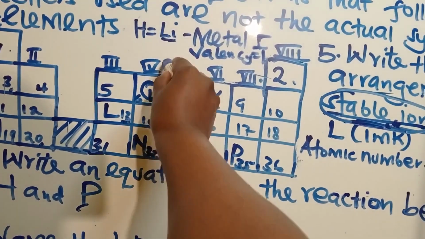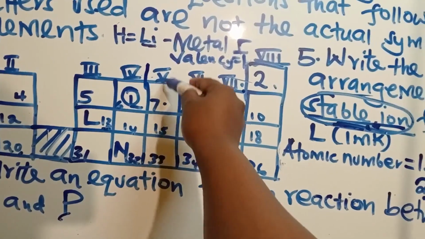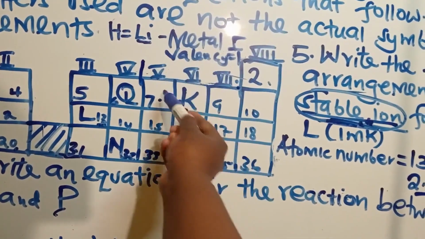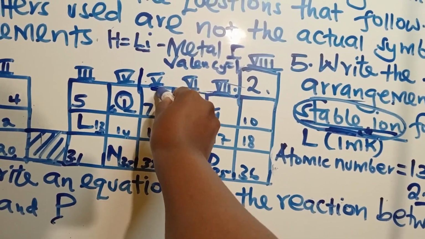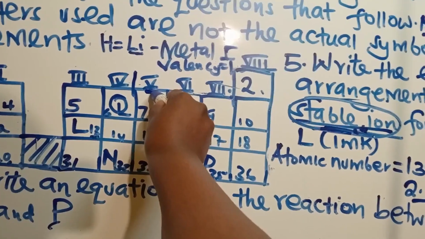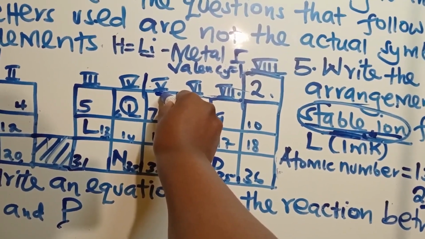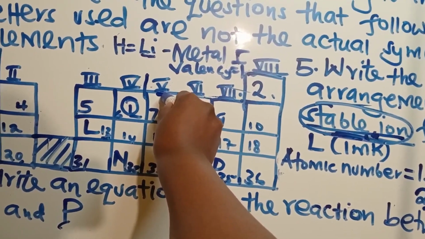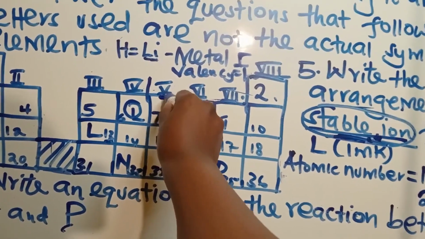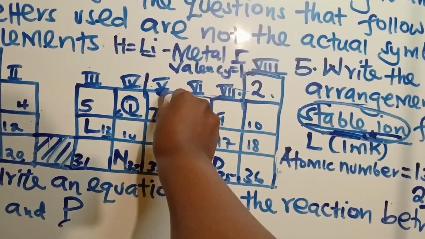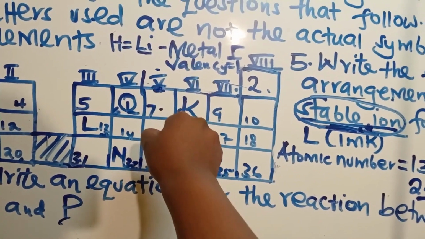When we go from group 5 to group 7, you determine how many electrons it will be gaining. Elements in group 5 have 5 electrons in the outermost energy level, meaning they require gaining 3 to attain an octet configuration, that is, a maximum of 8 electrons in the outermost energy level. So 3 is the valency.